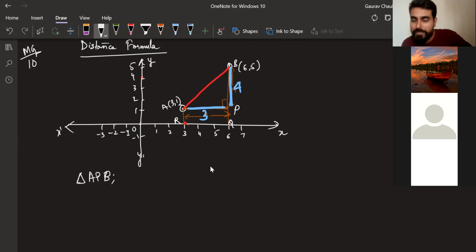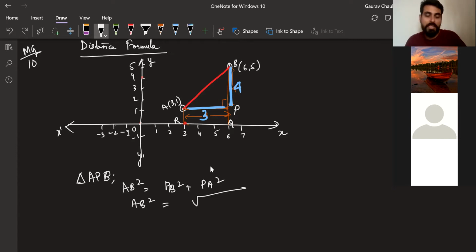In triangle APB, AB square is equal to PB square plus PA square. So AB will be equal to root over PB square plus PA square. Everyone okay with this so far?